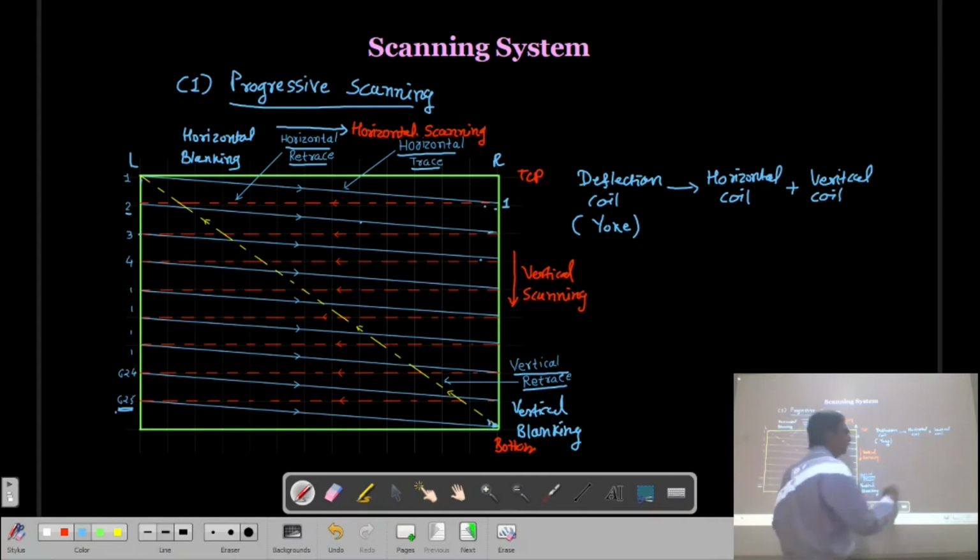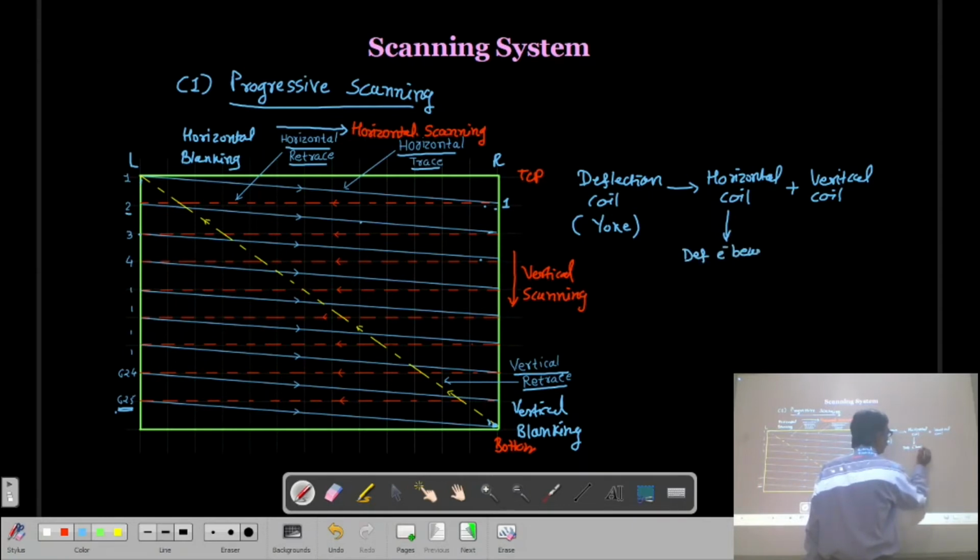What is the function of the horizontal coil? That is deflecting the electron beam in horizontal direction, means from left to right.